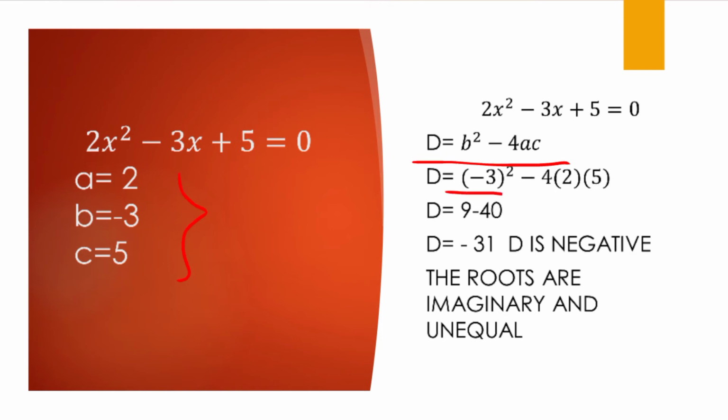Negative 3 squared is 9. Then, negative 4 times 2 times 5 is negative 40. So, we have 9 minus 40 is negative 31. So, since the discriminant is negative, the nature of roots are imaginary and unequal.